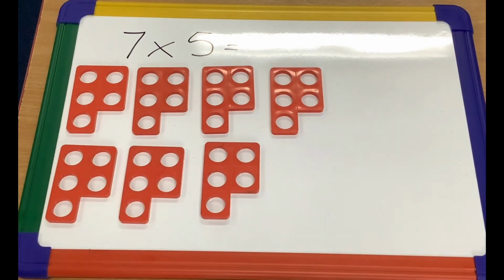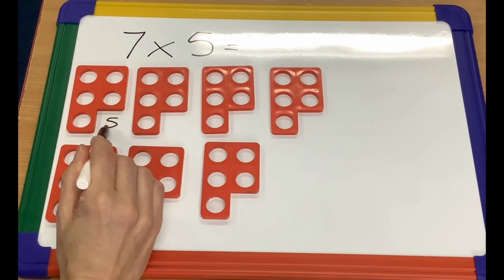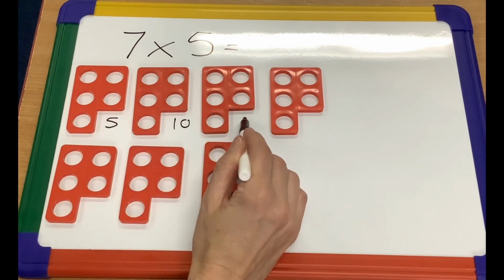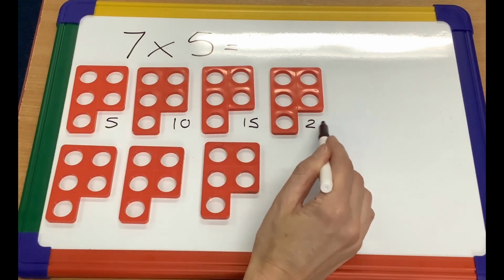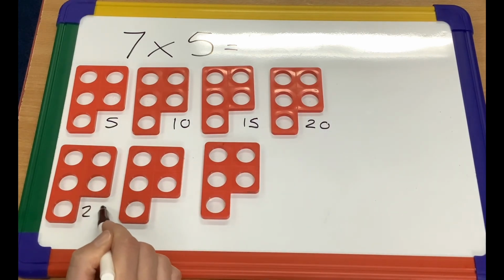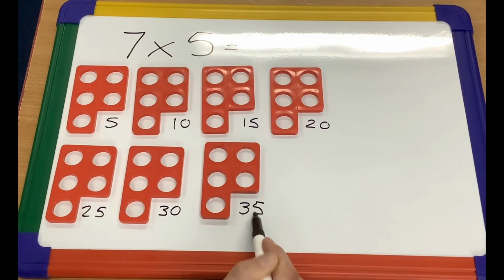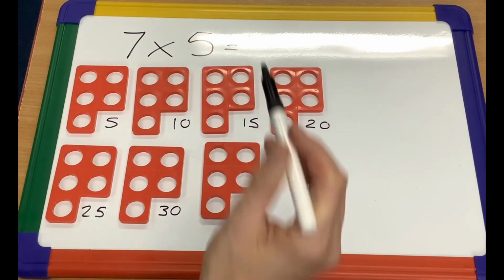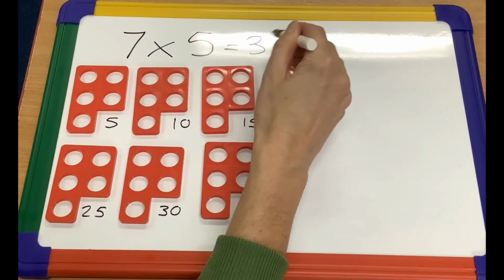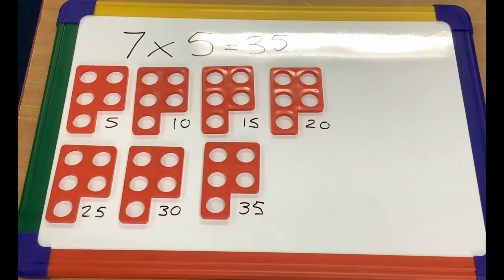Now, if you've got a big lot of fives like this, it's much easier if you can count in fives, or else that's a lot of holes to count. So 5, 10, 15, 20, 25, 30, 35. So 7 fives altogether makes 35.